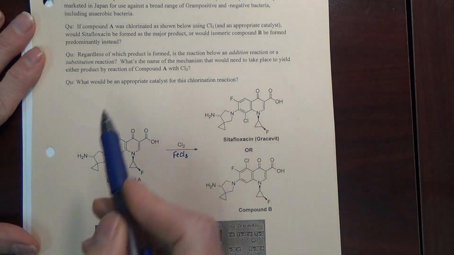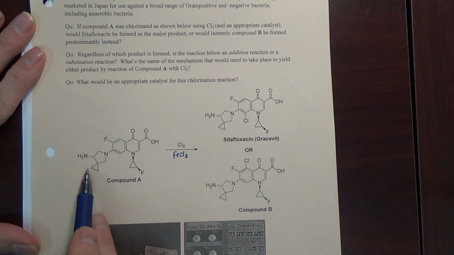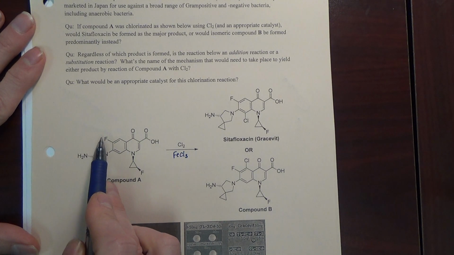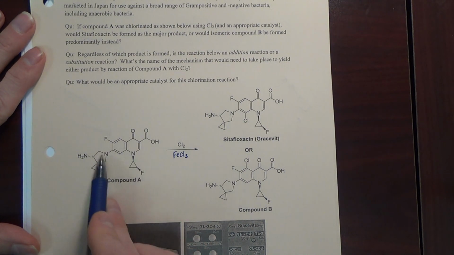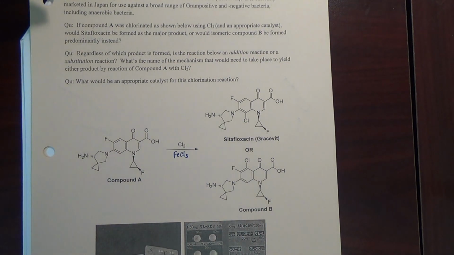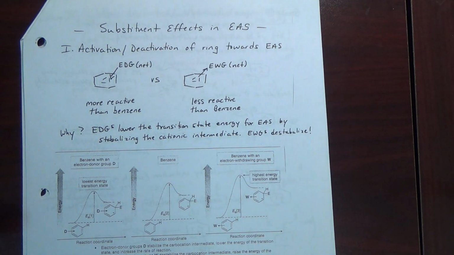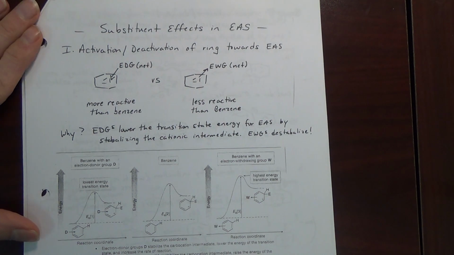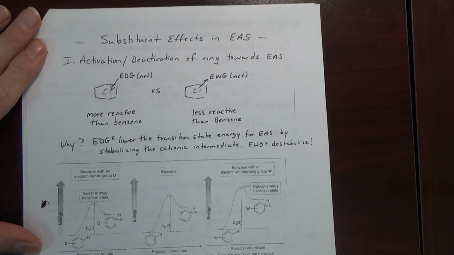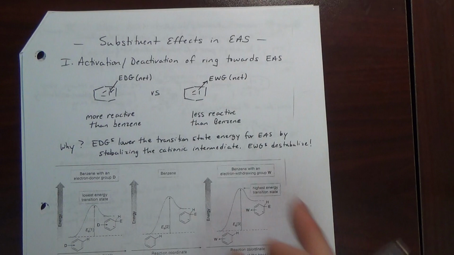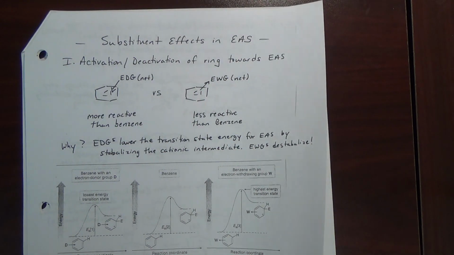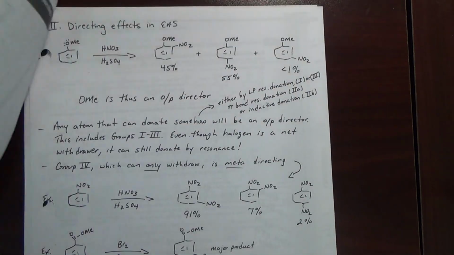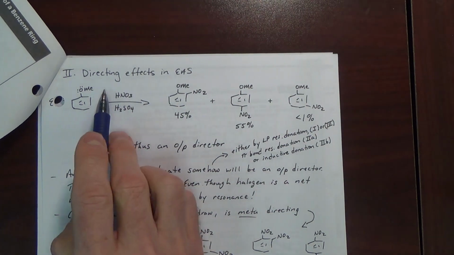And to answer this, we need to understand the different substituent effects. What effect does each substituent play on directing the new group? Okay, that's some of the terminology. But we'll also look at, and the first thing we'll look at, Roman numeral 1, what I was referring to is actually directing effects.